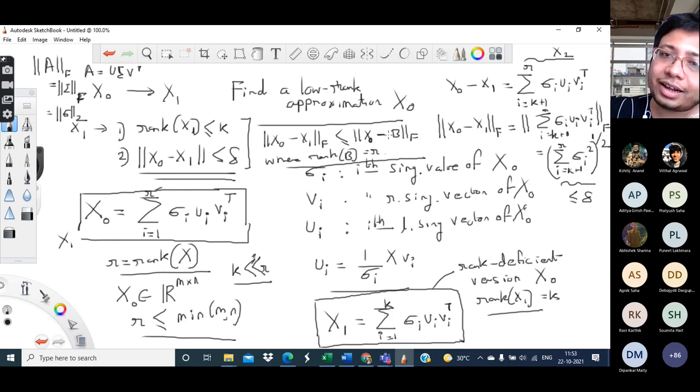If you take any other matrix of the same rank, the approximation you get with respect to x naught cannot be any better than the approximation you have got in this particular way.